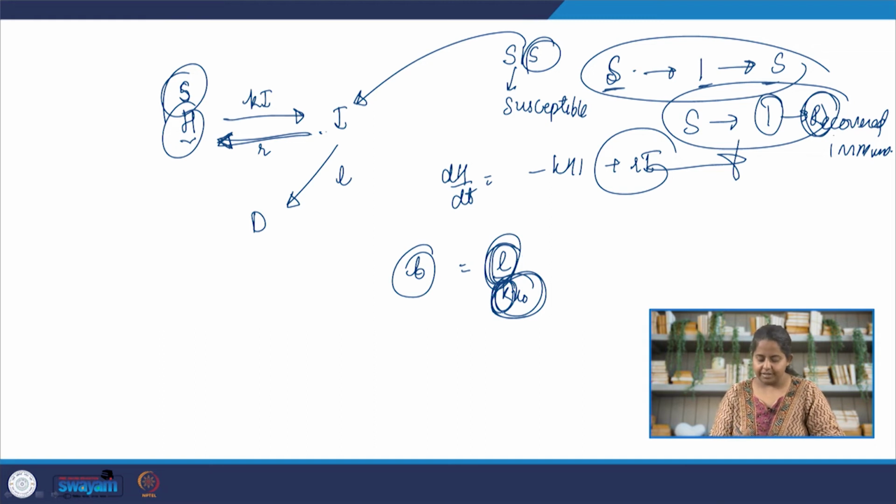For example, there are diseases like measles, where the K value is very high. So if a person who has measles goes around interacting with healthy and susceptible people, most of us are vaccinated against measles, which is good because it protects us from getting measles, and protects people around us from getting measles.